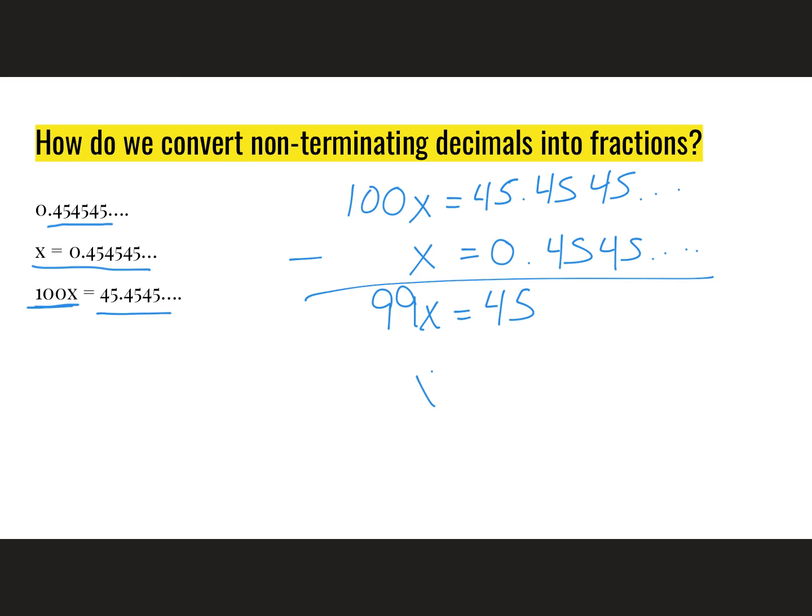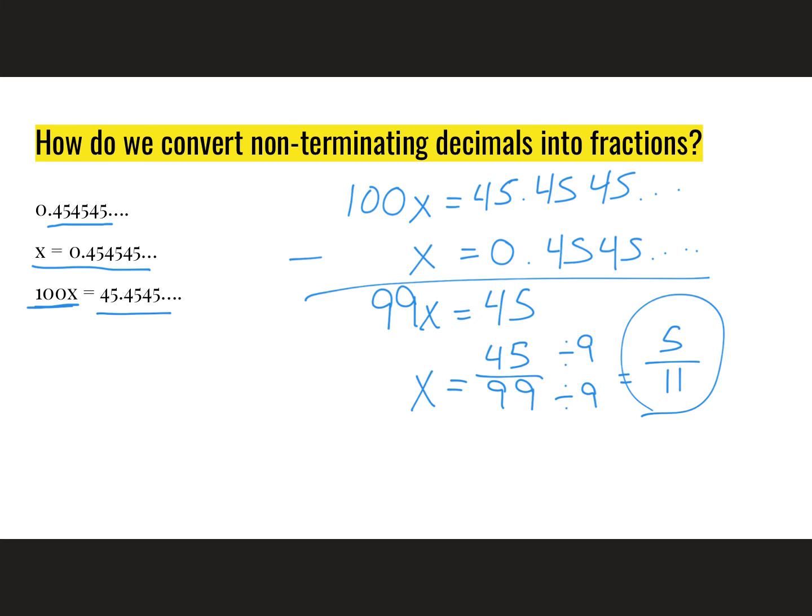Again, I'm just going to divide both sides by 99. I get x equals 45 over 99. And that doesn't reduce because, oh, it does reduce. They both are divisible by 9. Sorry. Divide by 9, top and bottom. So that gives me 5 over 11. And I know that that's my answer, 5 over 11.